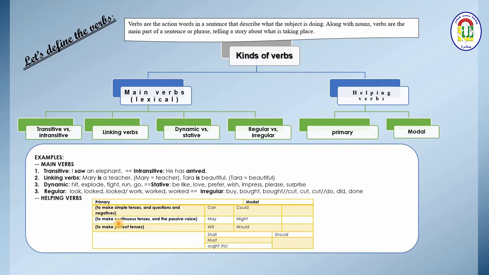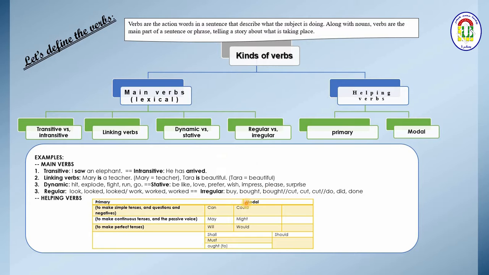So the mouse was caught by the cat. So here I use the verb to be in order to make the passive voice. Also to make the perfect tenses, here we talk about the primary helping verb to have. I have done it, I have looked, I have worked, I have bought, and so on.